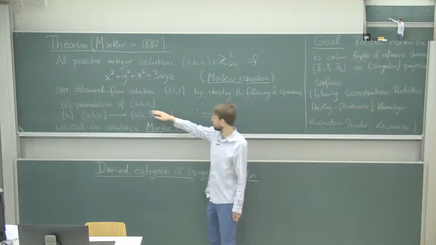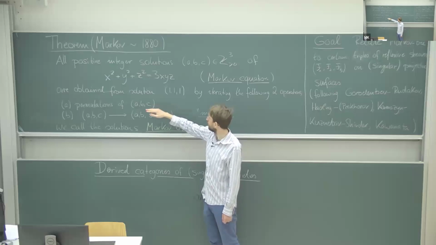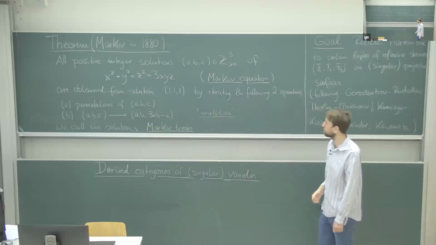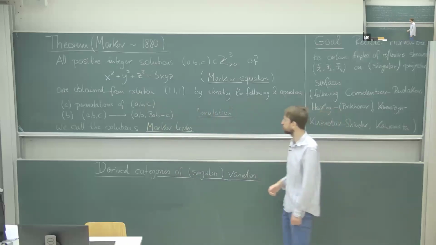First operation is permuting the elements in the solution. This equation is completely symmetric. So if we permute the elements, we will still get a solution.